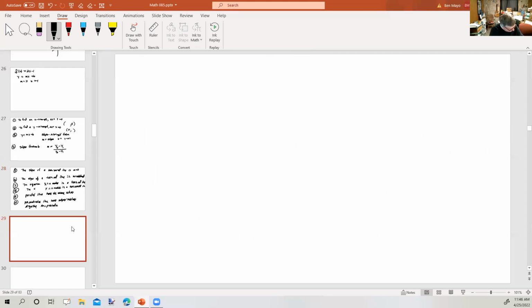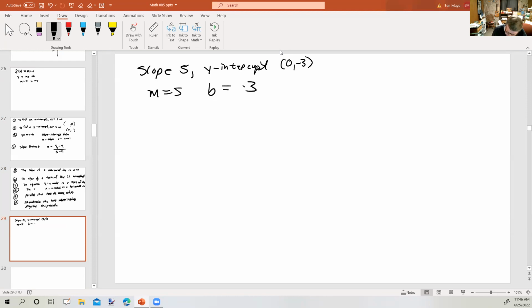Okay, this says, write an equation for a linear function whose graph has the given characteristics. It has a slope of 5 and a y-intercept of (0, -3). Okay, so basically I could say m is 5 and b is -3.